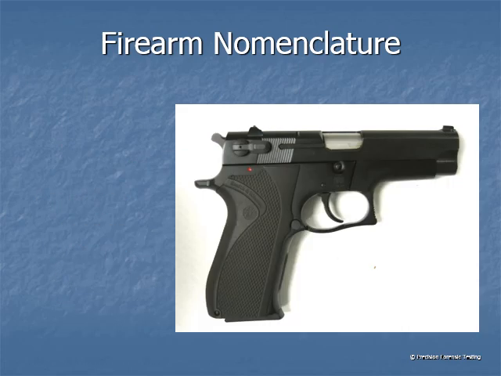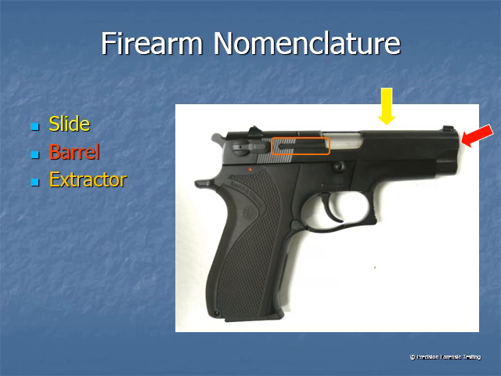If we look at this particular handgun, hopefully we know, yes, pistol, and this portion right here is known as the slide, and then the barrel, which hopefully you never look down whether you think it's loaded or not, because if you accidentally fire and shoot yourself in the face, not a good design. The extractor is the part that helps get rid of the cartridge casing after the ammunition has been fired.